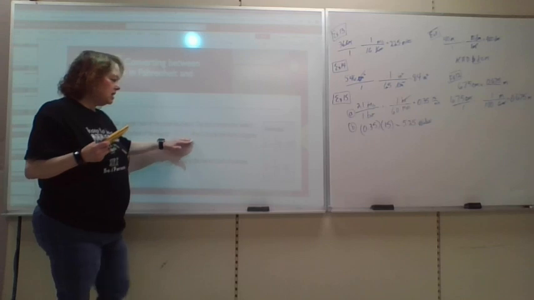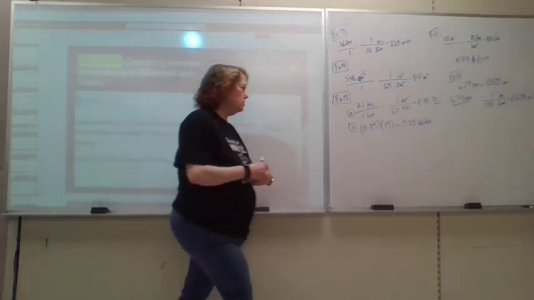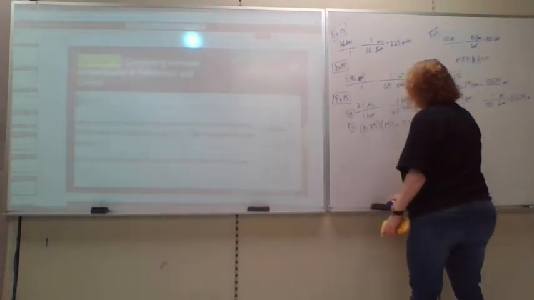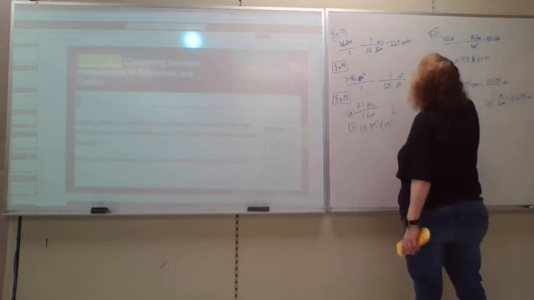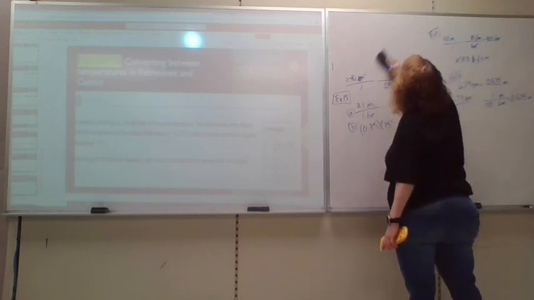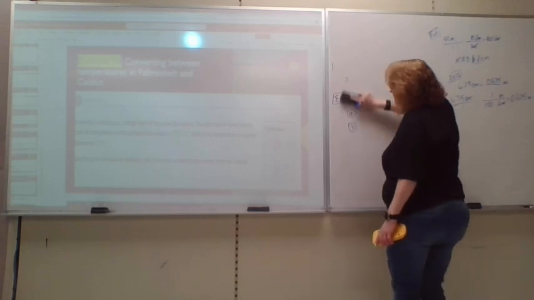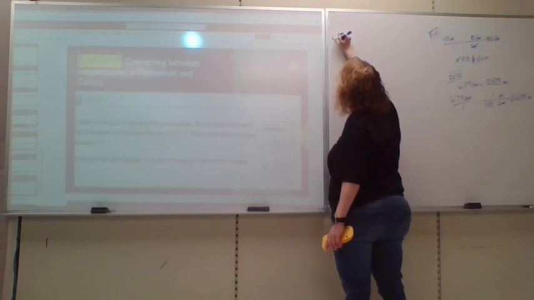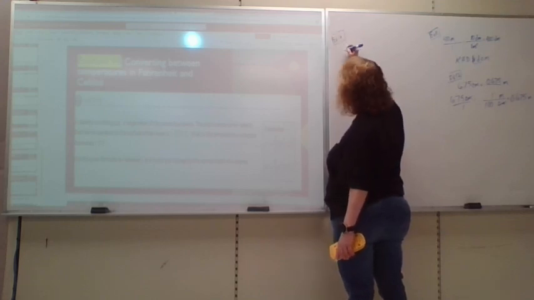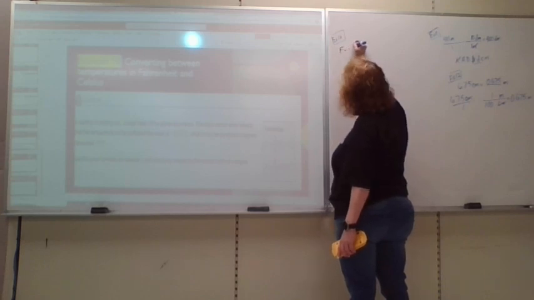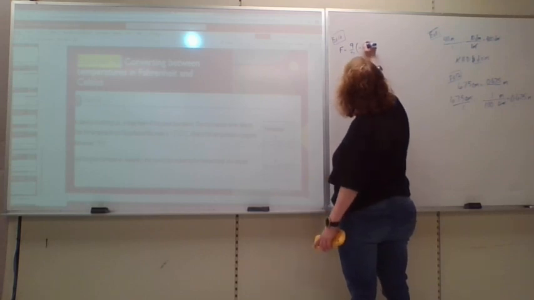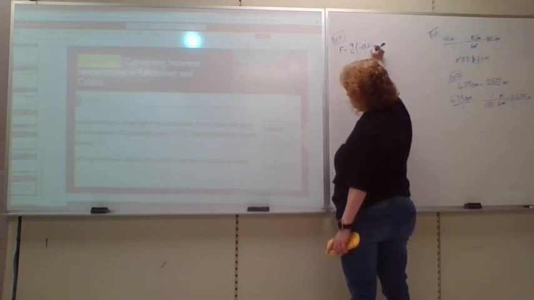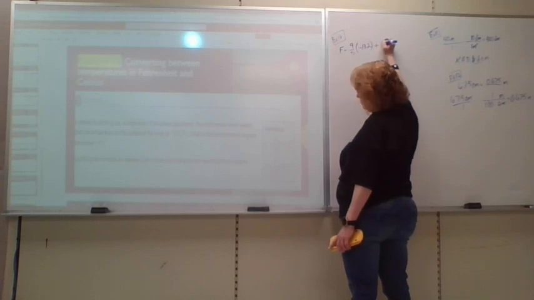So you just take this and plug it into C. I'm going to erase this. Example 16. We're looking for Fahrenheit. Fahrenheit equals 9/5 times C, which is negative 13.2, plus 32.